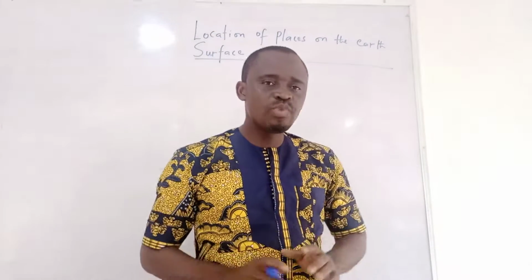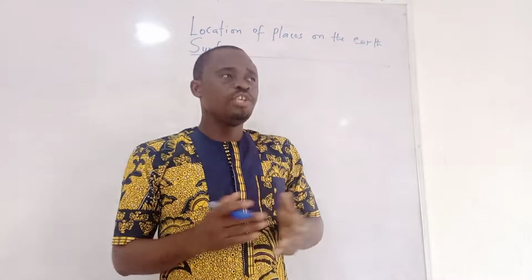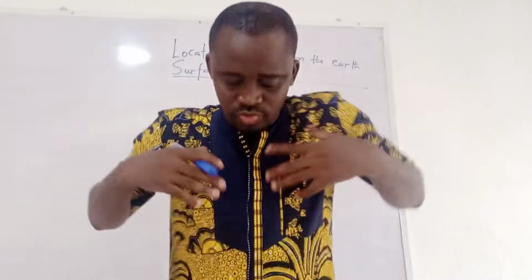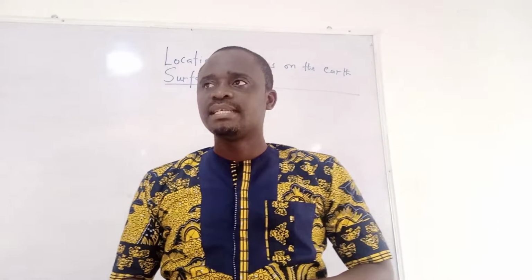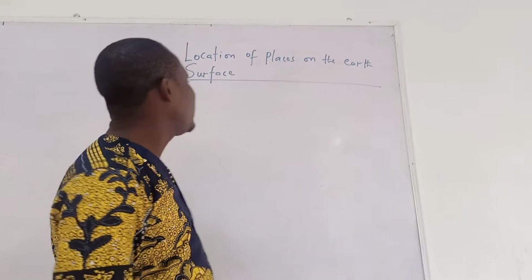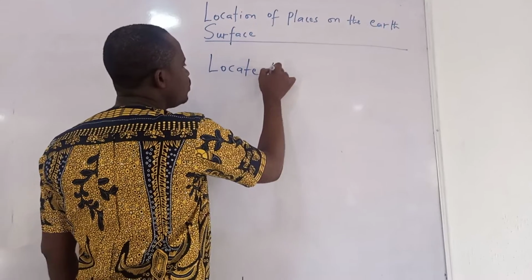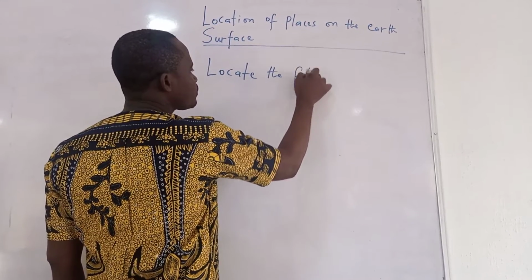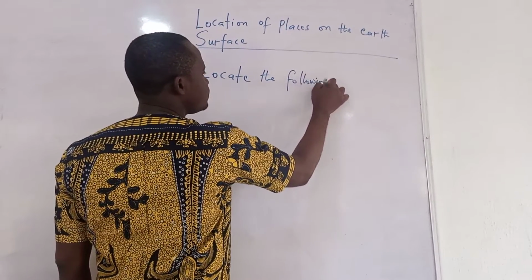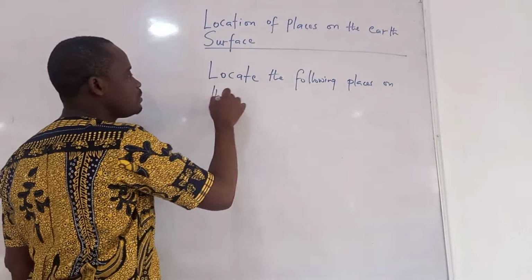Now, what we are doing today is the location of places on the Earth's surface. It's a subtopic. On the Earth's surface, or actually in space, every point you take is a specific spot, and there are coordinate systems assigned to it. A question might say, locate the following places on the Earth's surface.